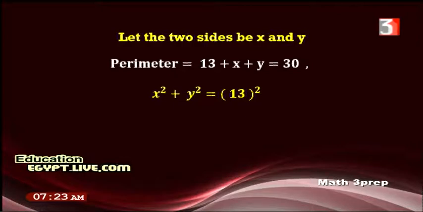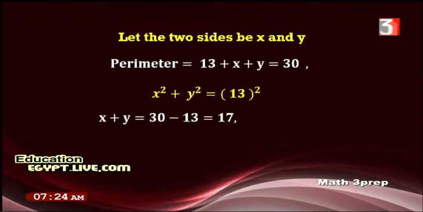Do you remember? The two adjacent sides to the right angle to the power of 2, when you find their sum equals the length of the hypotenuse to the power of 2. So it is x to the power of 2 plus y to the power of 2 equals 13 to the power of 2.